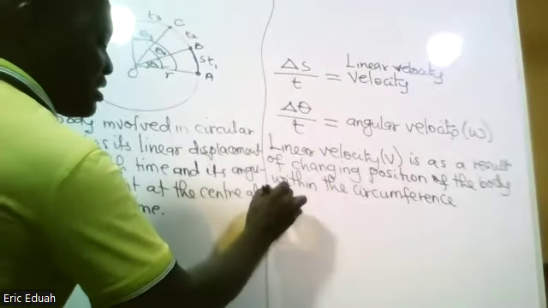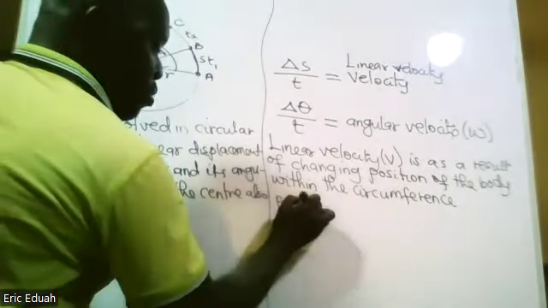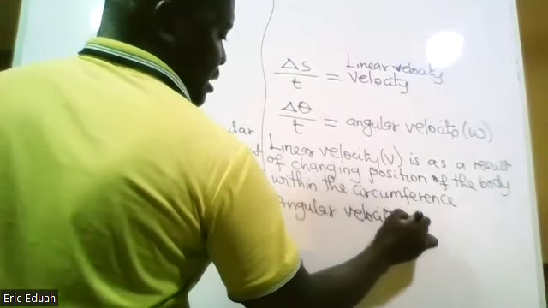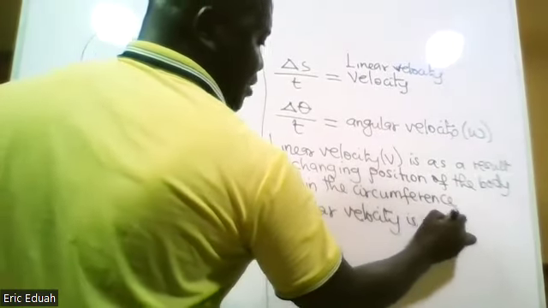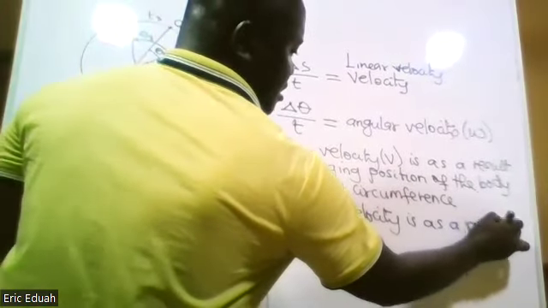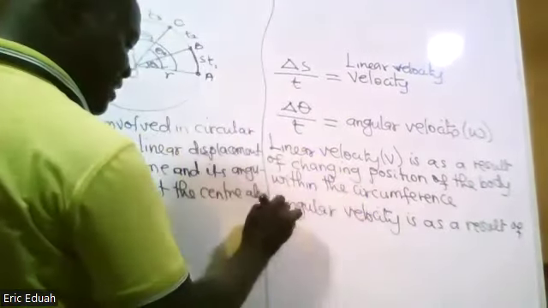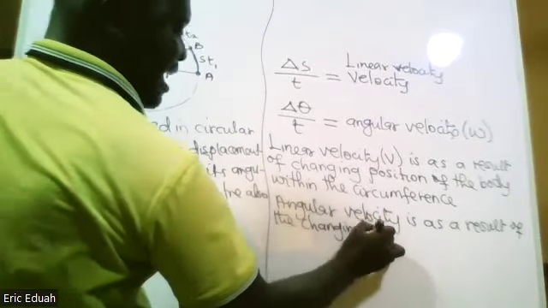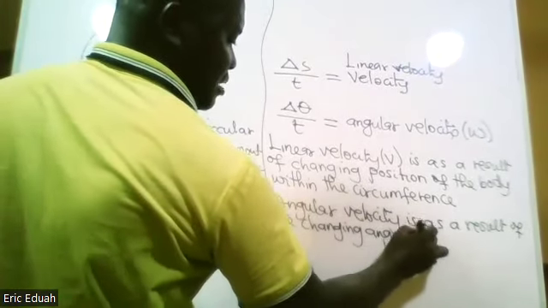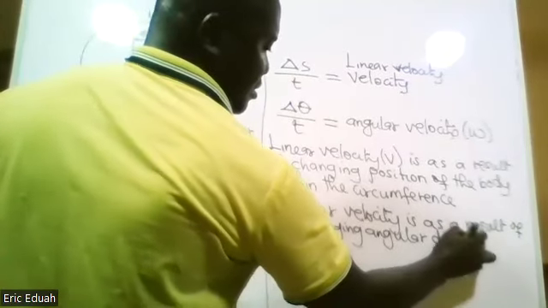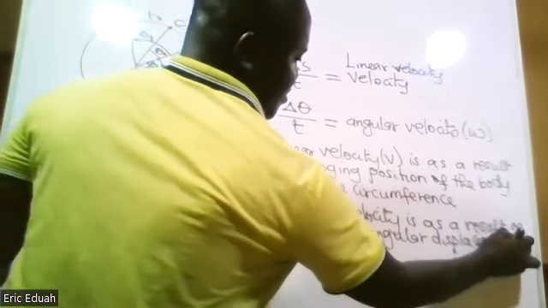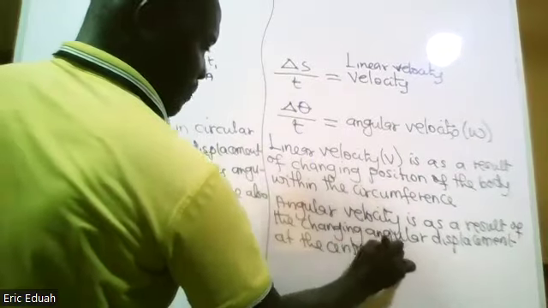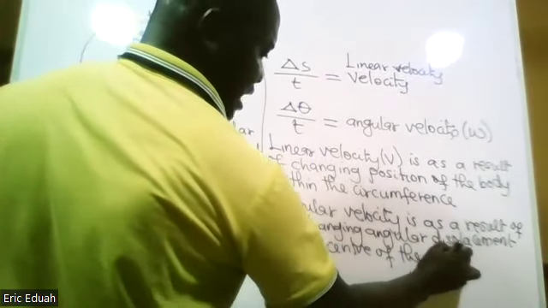And the angular velocity is as a result of the changing angular displacement at the center of the circle.